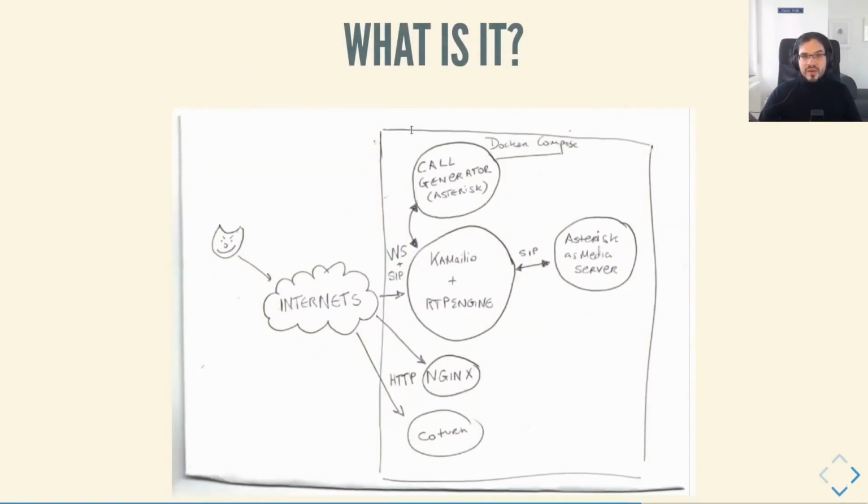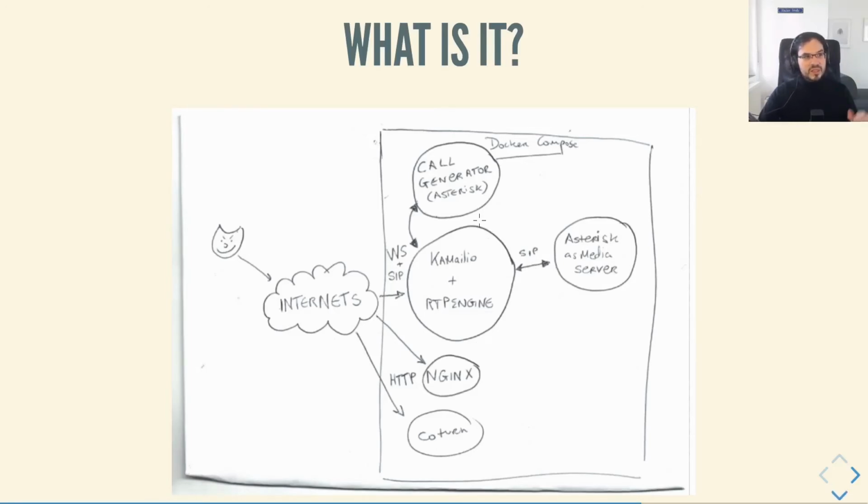This diagram is my attempt to explain how the demo server works. Excuse my skills. So we have a Docker Compose file, and there are various different Docker images. If I mark over here, we have the Camailio plus RTP engine, which is internet-facing.